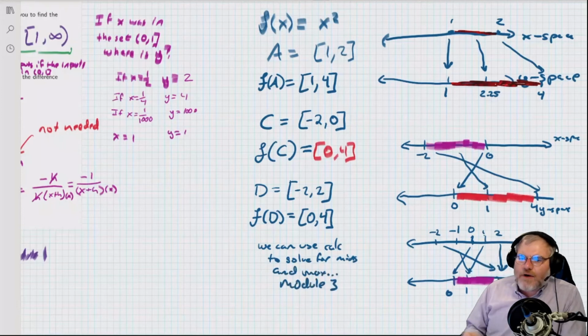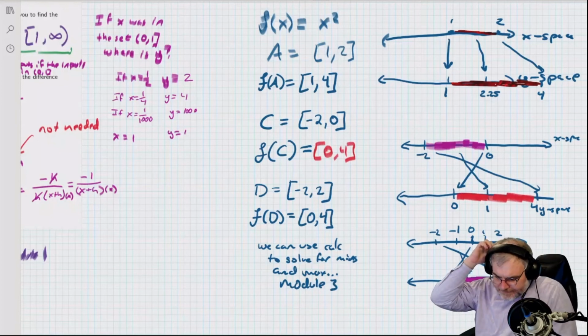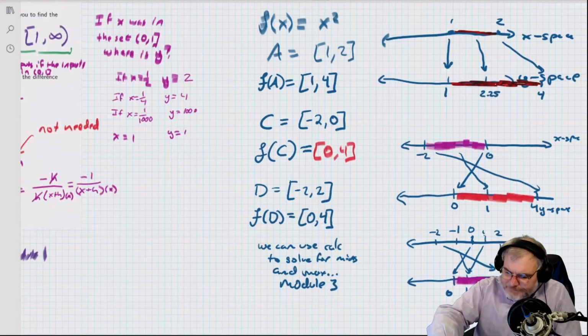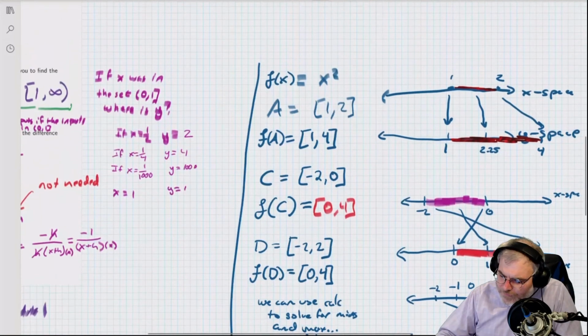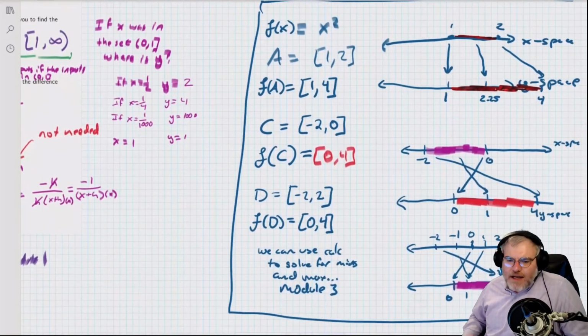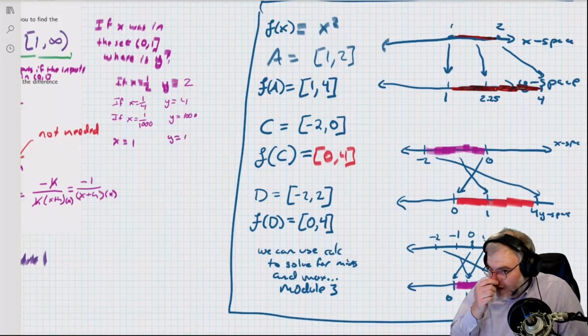So one of the questions we're going to have, yes, all of these f of x was x squared. This question actually relates to something we're going to do in Module 3, because I'm going to want to solve for this minimum and these maximums so that I can actually find the images of continuous functions.